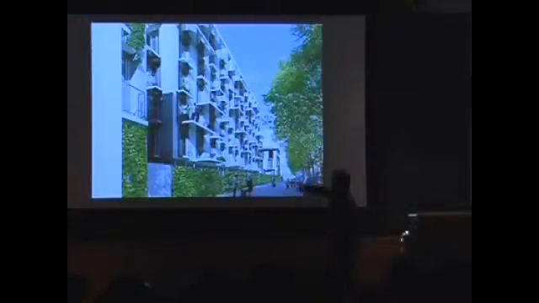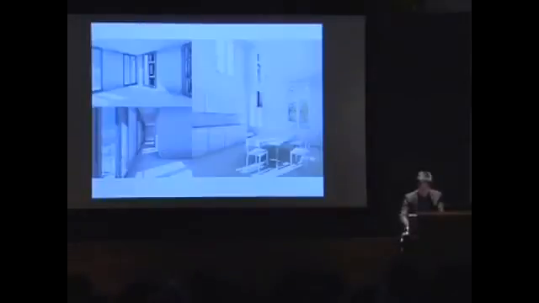So the fence is redesigned as a vertical garden on the street, and the main volume of the social housing is a little bit set back from the street and creates a garden for children, and it has a lodge space on the ground level. So it will also be a very nice public space for inhabitants.